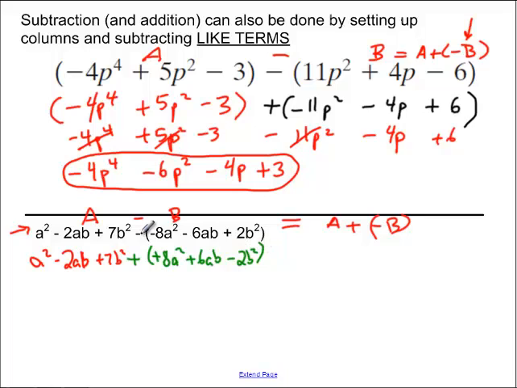And now we can change the negative to a positive. We change the mean guy to a happy guy if everybody changes inside the house. Negative to a positive, negative to positive, positive to negative. And now the plus parentheses can go away.